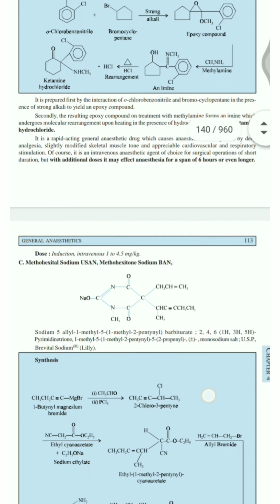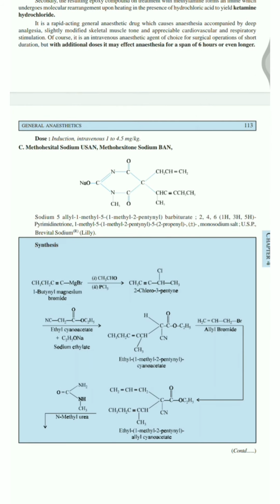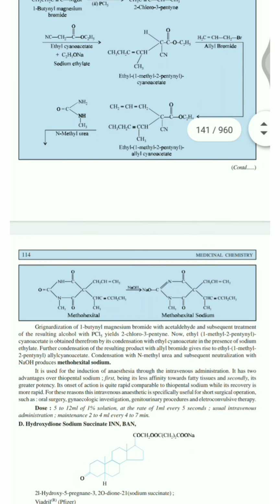methohexital sodium. It involves a series of steps in its formation. Primarily, the reaction is a Grignard reaction of 1-butynyl magnesium bromide with acetaldehyde, and subsequent treatment of the resulting alcohol with PCl5 yields 2-chloro-3-pentene.